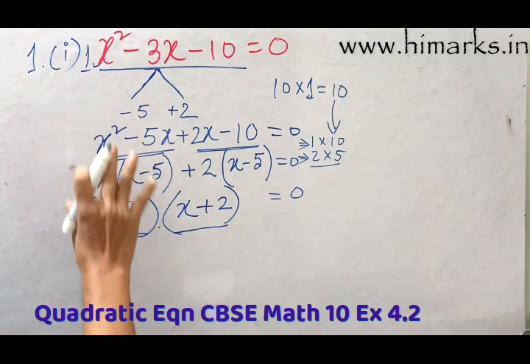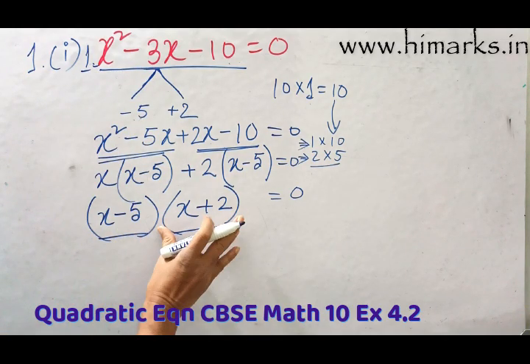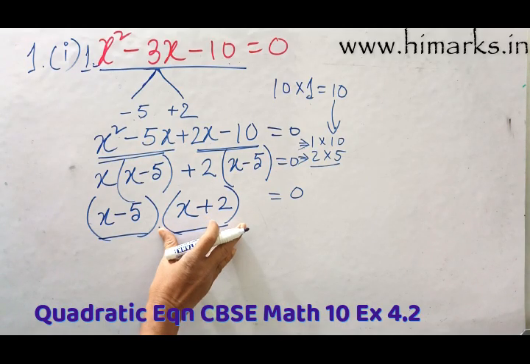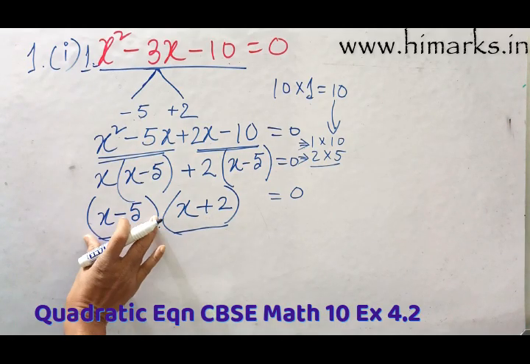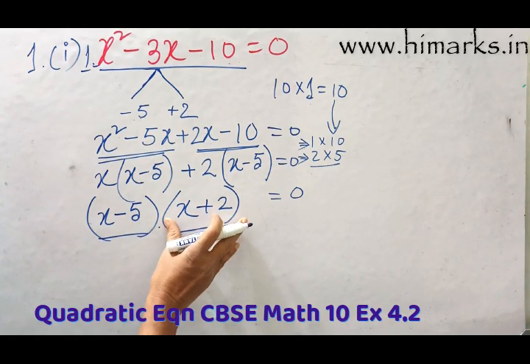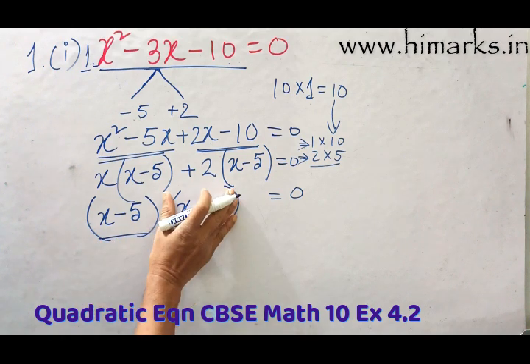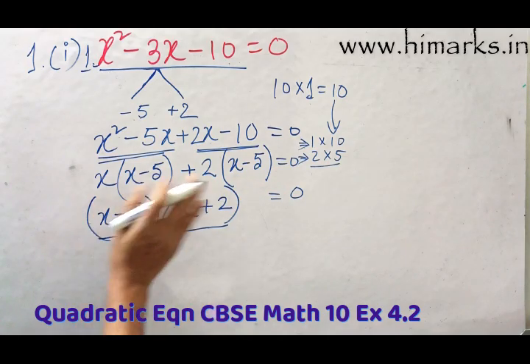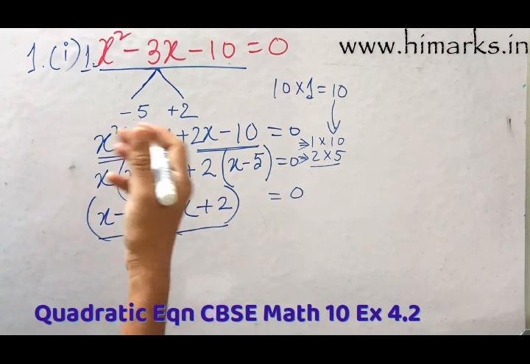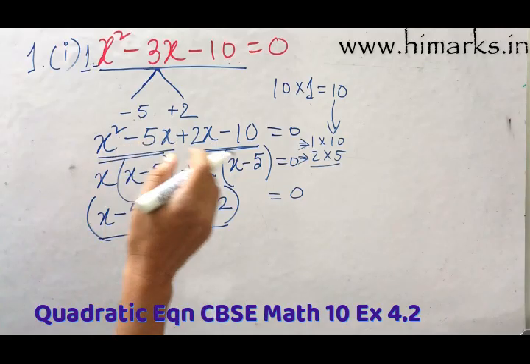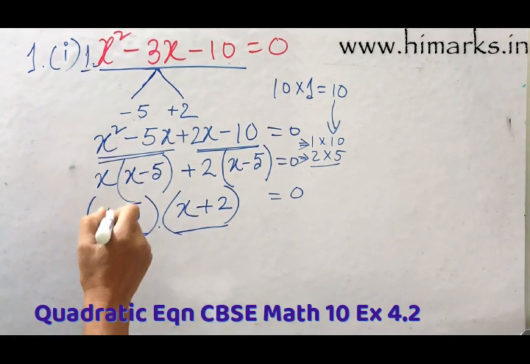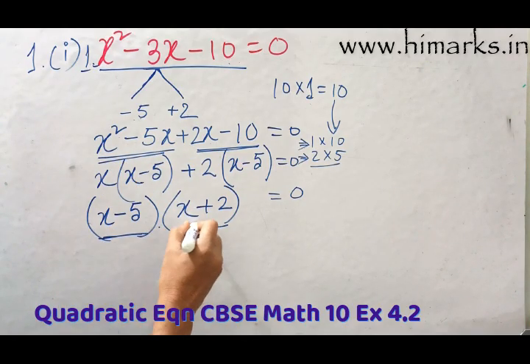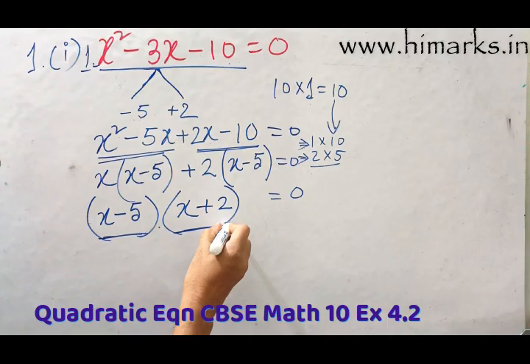You see that the equation is factorized. Factorized means it is expressed as a product of two parts. If this part is 0, the result will be 0, or if this part is 0, the result will be 0, because multiplying anything with 0 gives 0.